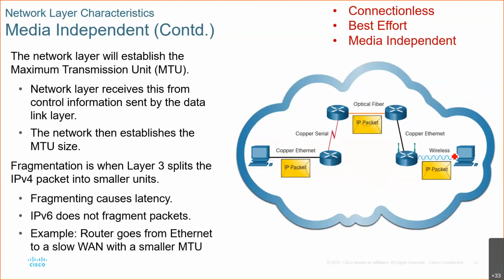So what does the network layer do? It splits the packet into small fragments. Yes, fragmentation sometimes delays the transmission of data. That is something that you don't see in IP version 6. It doesn't do fragmentation. But in IP version 4, yes, you do fragmentation.